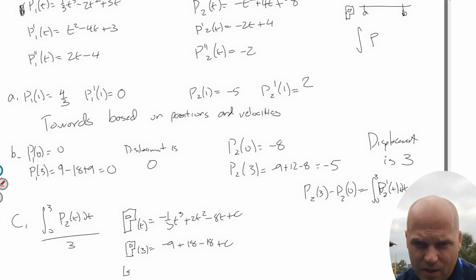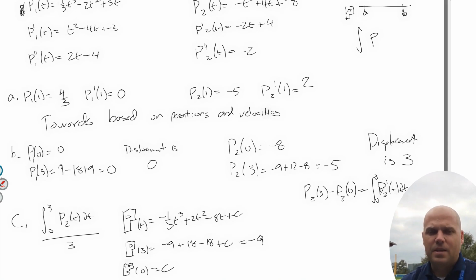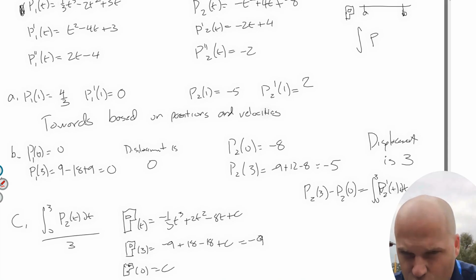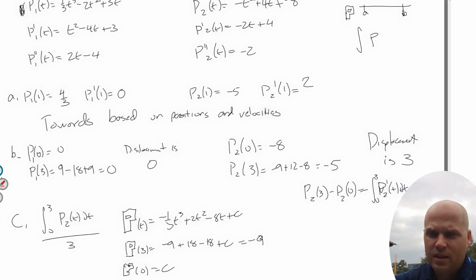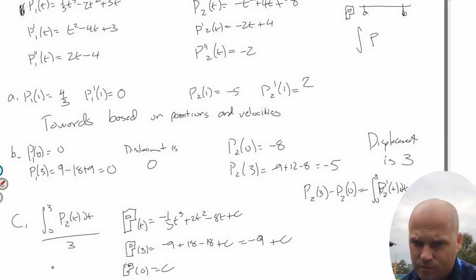I need big P of 0. Oh, that's gross. That's C. Okay, great. I got negative 9. I got C. Negative 9 plus C minus C, that means I have an accumulation of P that is negative 9. And I divide it by 3 and I get negative 3.